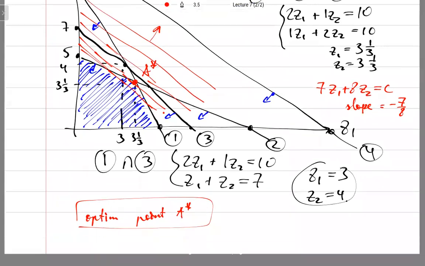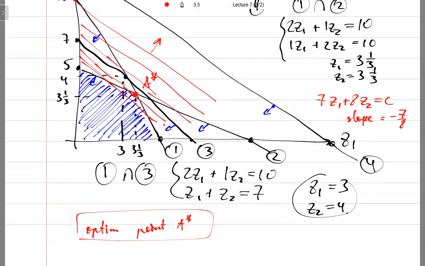So the optimal point A is the intersection of line 1 and line 2, and it's calculated exactly.